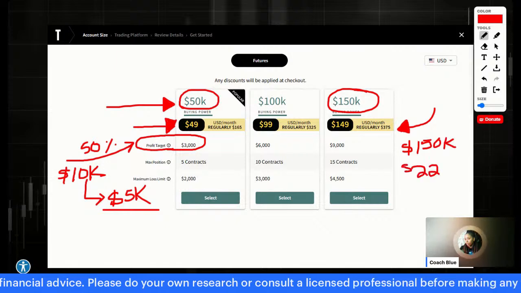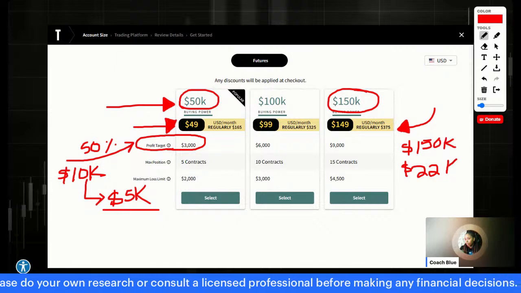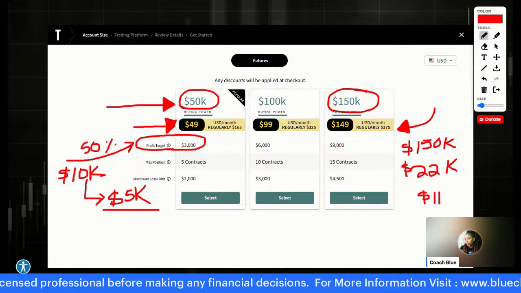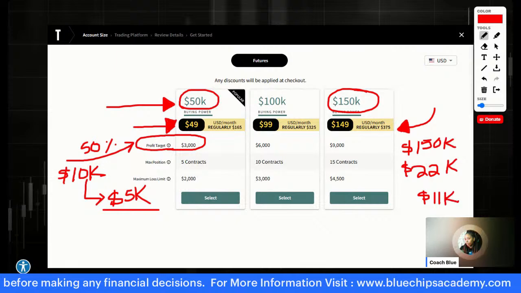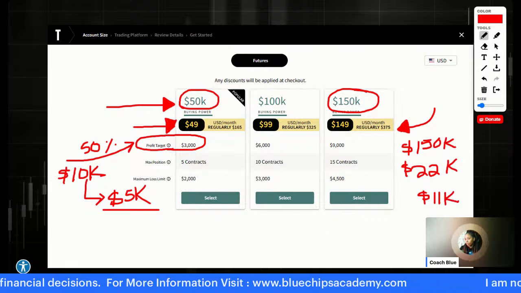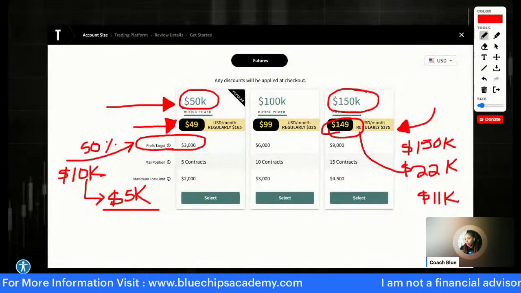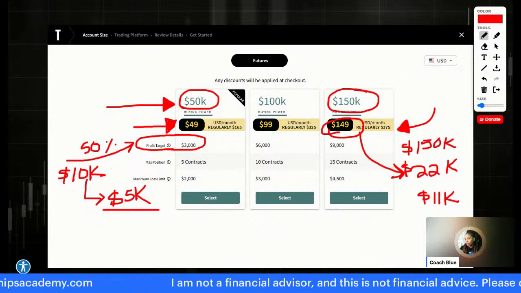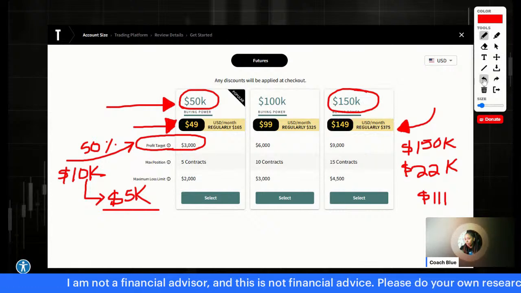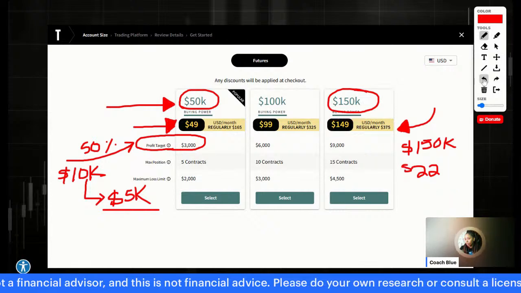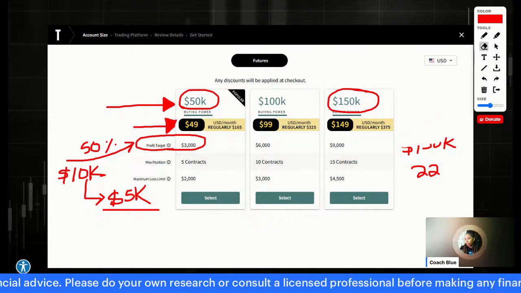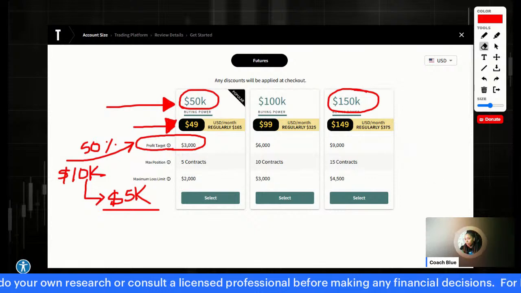Let's say you have your 30 winning days. Even if you don't have your 30 winning days, you're still at $11K. So you just turned $150 into $22,000. Great risk to reward. Now, in order to accomplish that, you pretty much have to put yourself in position to earn $9,000 on this account.